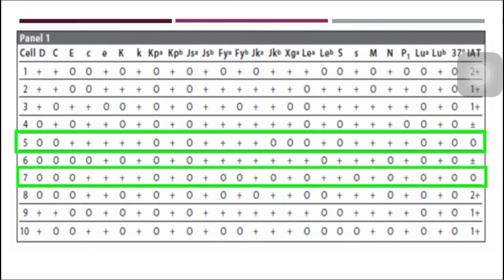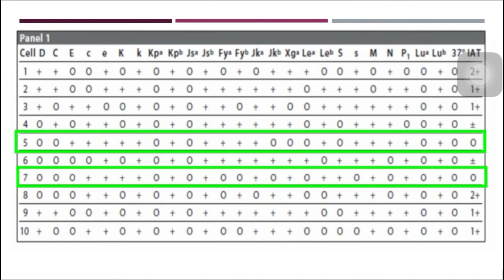So, one technique that we can use is to refer to the test at 37 degrees Celsius and the IAT. Kung makikita nyo, we have the 37 degrees and yung IAT sa pinaka-right. So, pipiliin nyo dyan yung may negative na reaction, at 37 degrees and IAT.